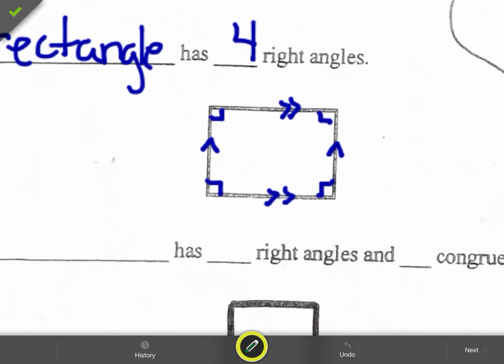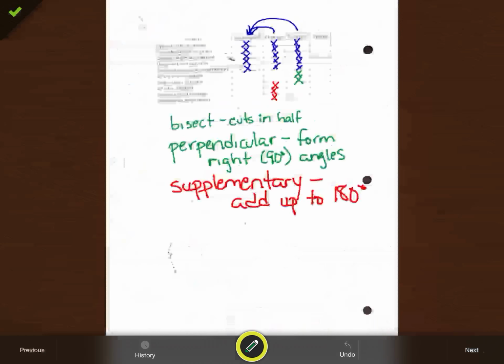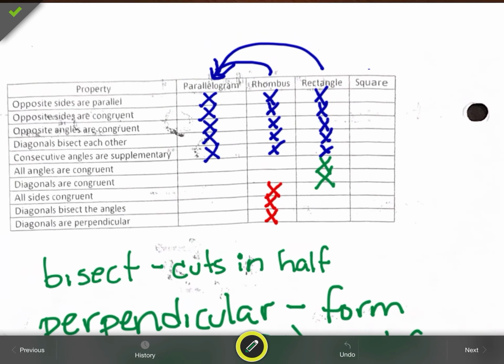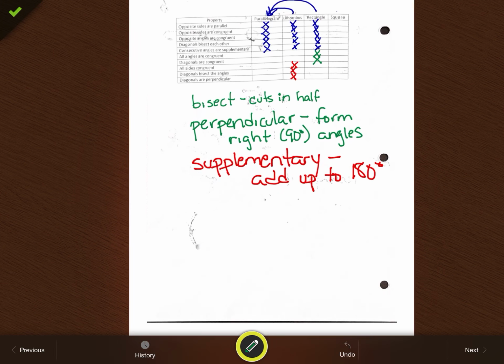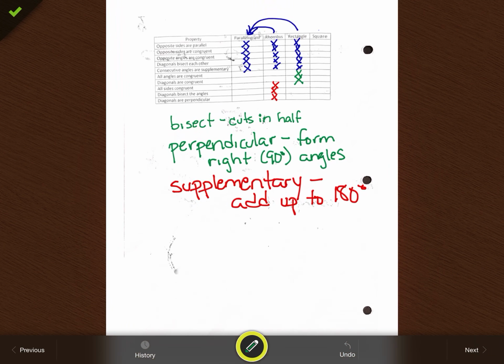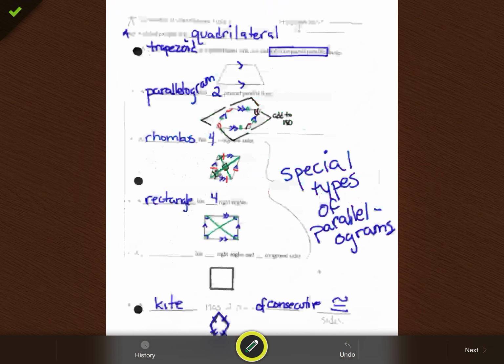When we draw our diagonals in our rectangle, because it is not leaning, those are the same length. So they could tell you one is 12 inches, and you'll know the other one is 12 inches. Okay, so again, your angles are all congruent, diagonals are congruent. That's what makes the rectangle unique.